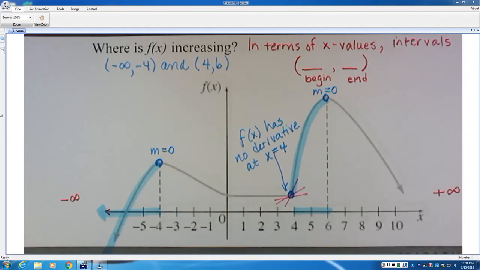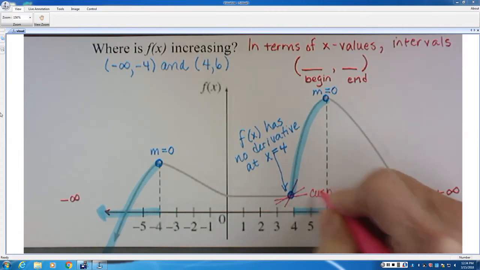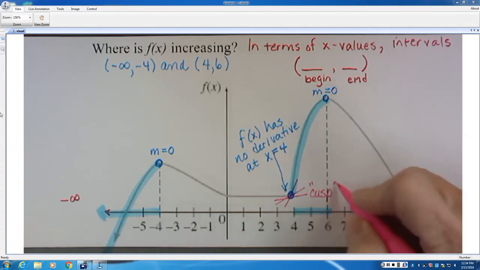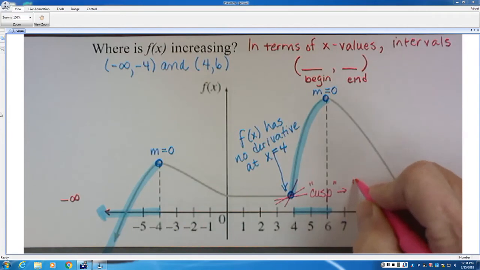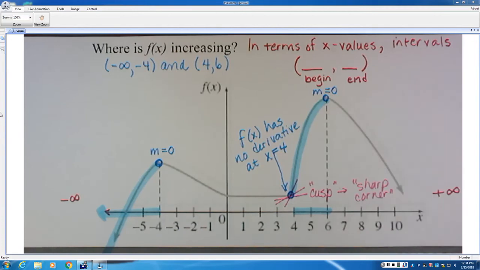I only drew a few of them. So there's no unique tangent line because this is called a cusp, or a sharp corner in English. So it's that last derivative test that it fails.